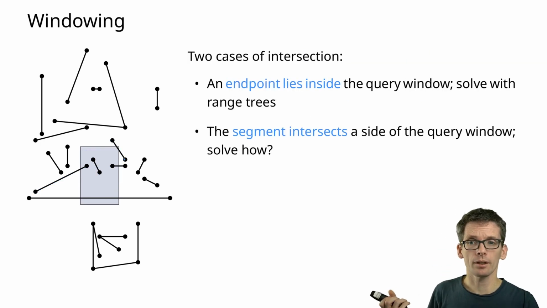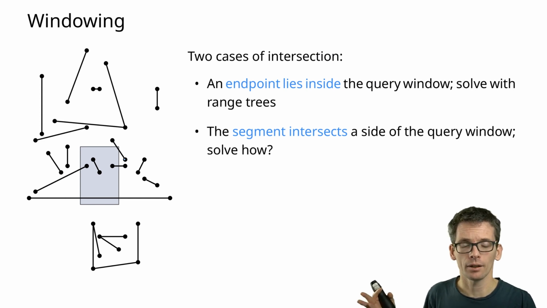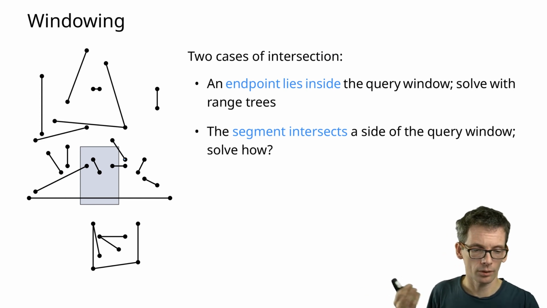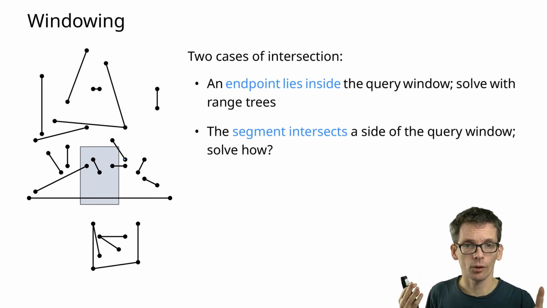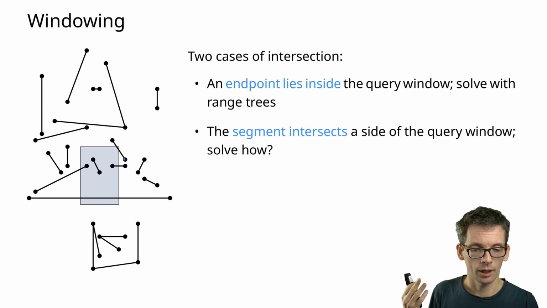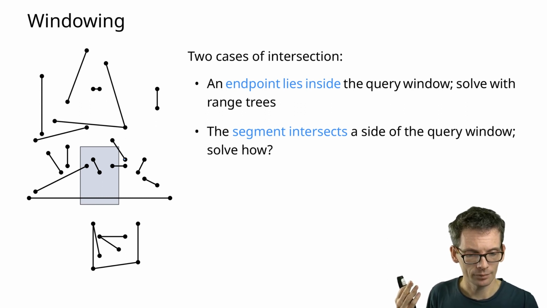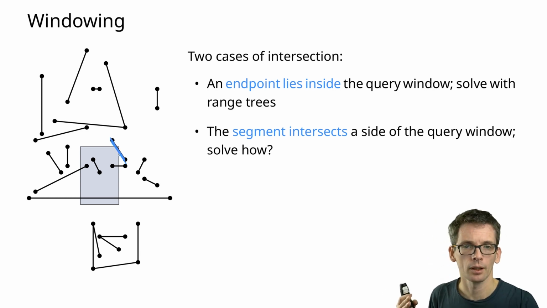Again, we have two cases. If an endpoint lies inside, then we could simply use a range tree. But we now have to handle those where both endpoints lie outside. For instance, this one here.